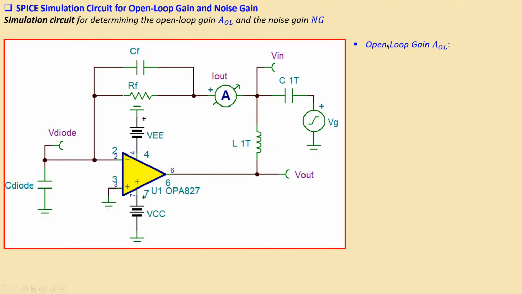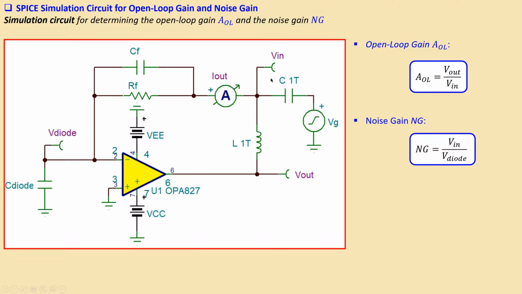You can see the open loop gain is defined as V out over V in, where open loop means DC, which is the value we have here. Of course, as a function of frequency, this will change. Now, noise gain is defined as the input V in over V diode.